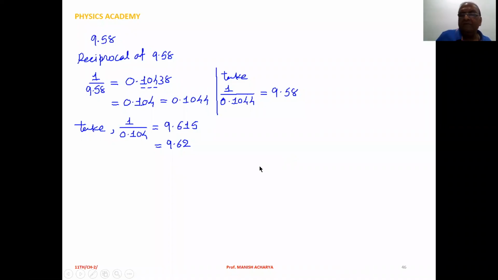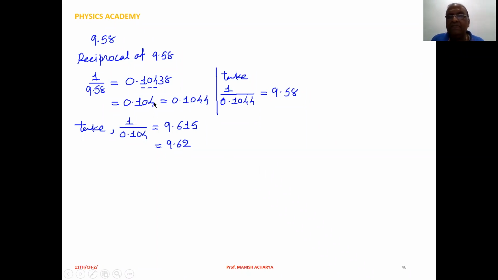Now when using the rules of significant digits, when we take the reciprocal of a reciprocal, we are not getting the original value.